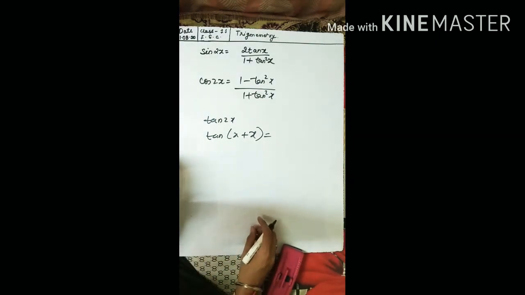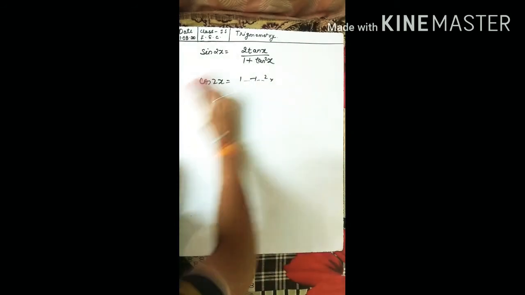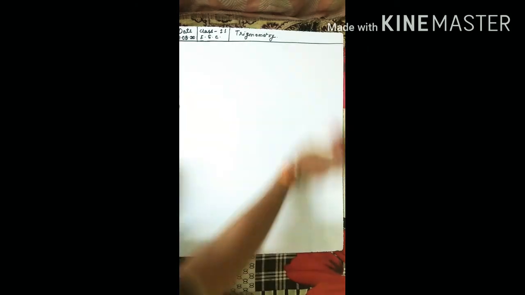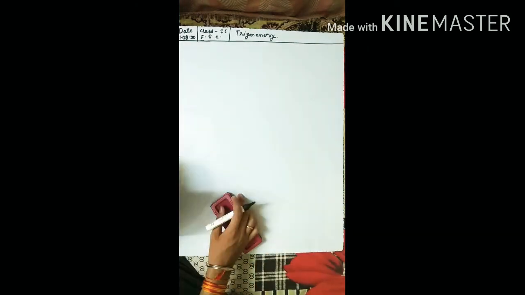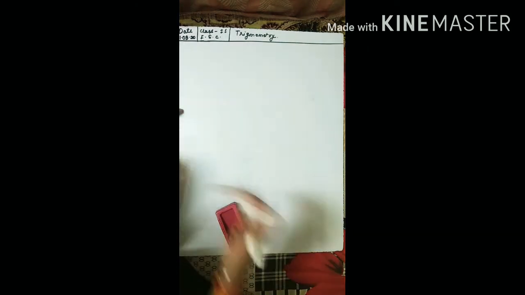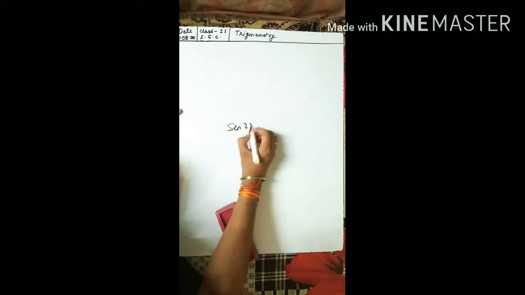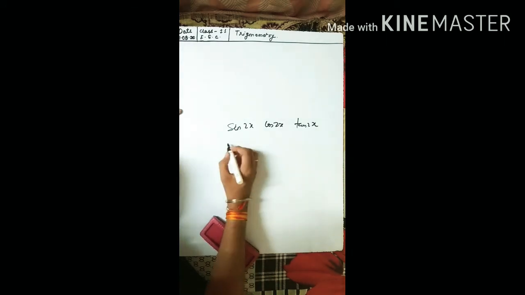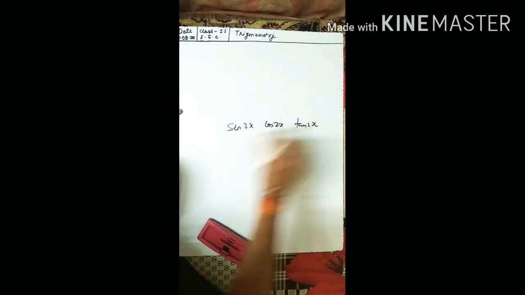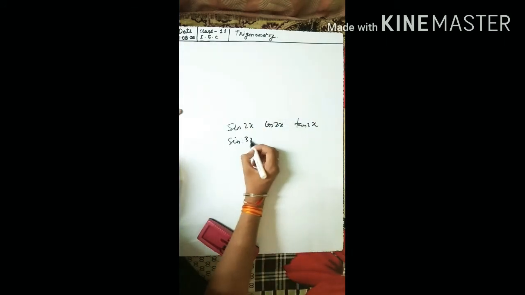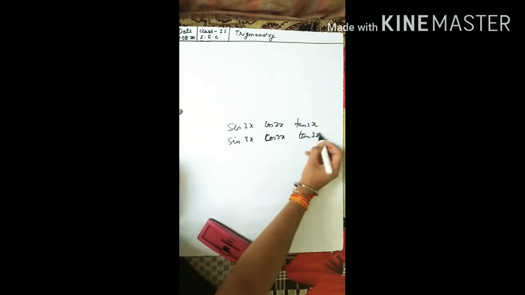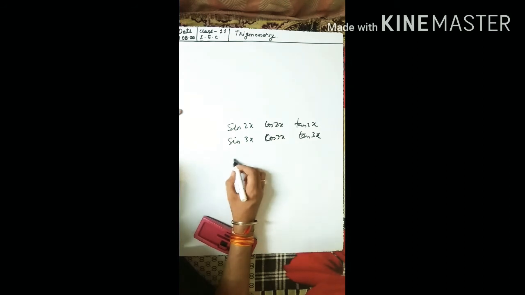Alright, so let us see what type of questions we have to solve for these formulas. The formulas which we have seen in the previous video: sin 2x, cos 2x, tan 2x formulas, then sin 3x, cos 3x, tan 3x formulas, and we have seen the half angle formula also.